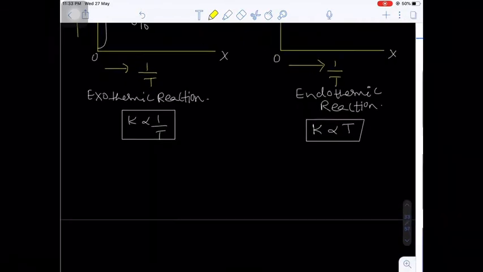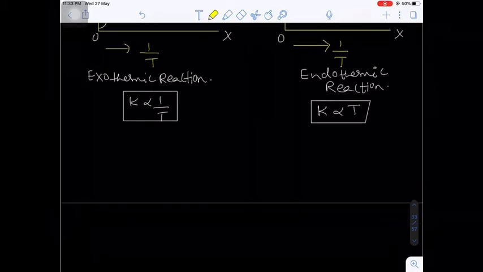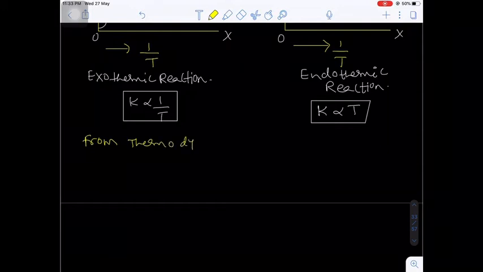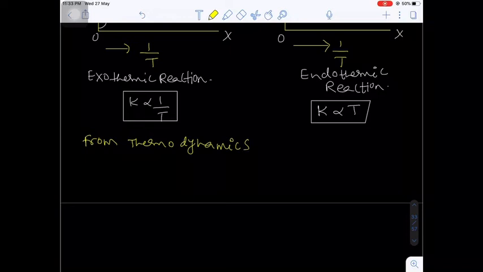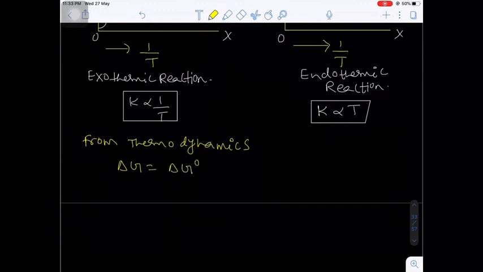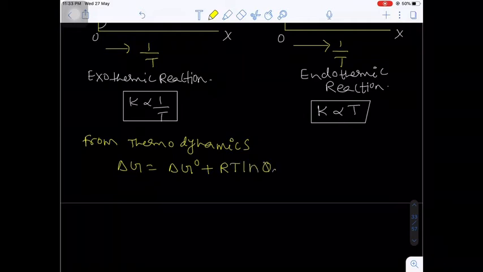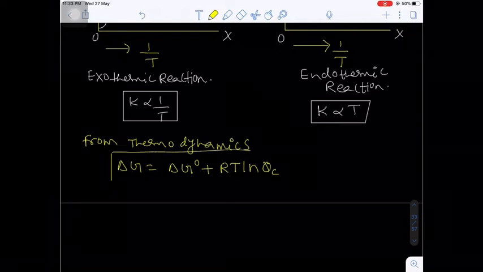Okay. Now here from thermodynamics. In thermodynamics we have Gibbs free energy or change in Gibbs free energy. From thermodynamics, delta G is equal to delta G naught plus RT ln QC.